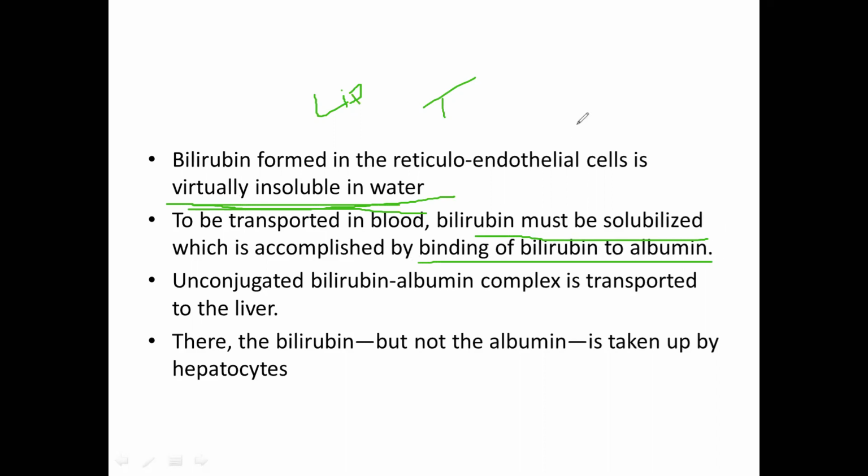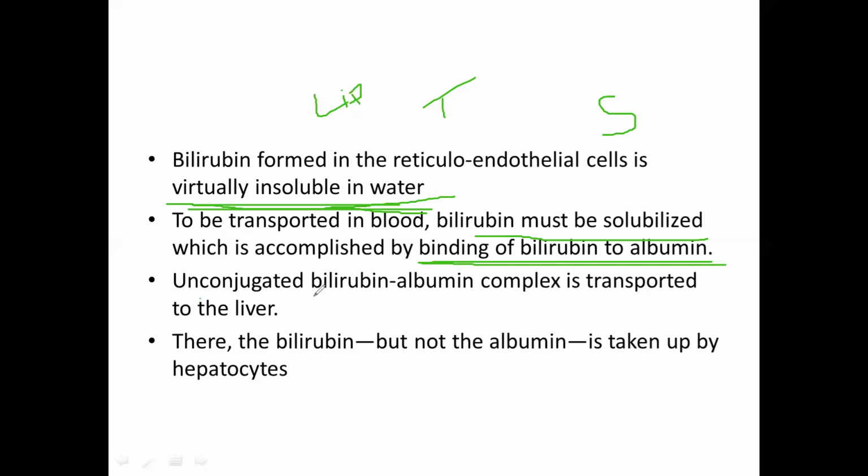So remember one thing, it is still not soluble in water, it is still insoluble in water, but to facilitate its transport towards the liver, it gets bound to albumin and hence it is transported to the liver.